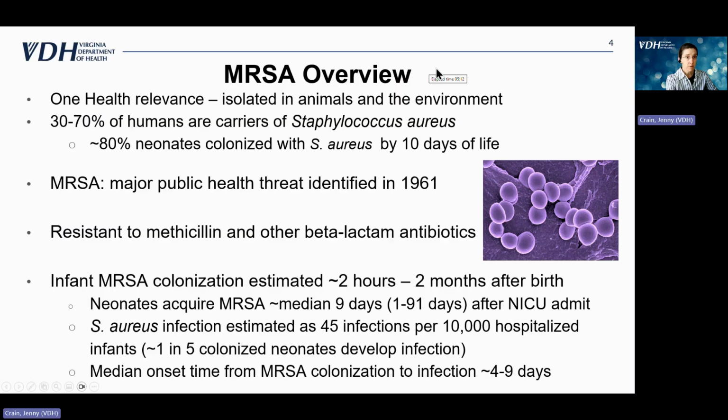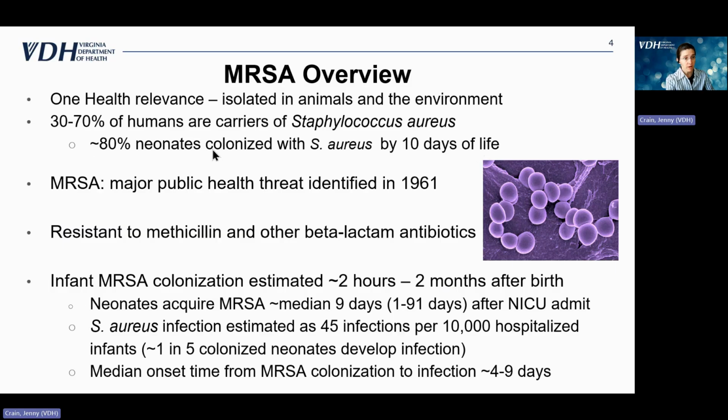So for just some background on MRSA to make sure everyone is all on the same page, MRSA is not a new pathogen. We've known about this as a major public health threat since 1961. It has one health relevance, and so MRSA can be isolated from animals as well as the environment. 30 to 70% of humans are carriers of Staphylococcus aureus, and about 80% of neonates are colonized with Staph aureus by 10 days of life.